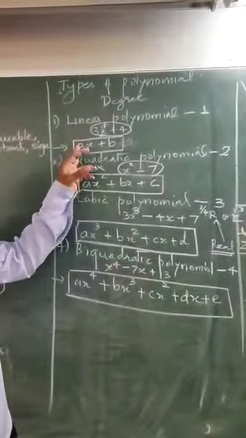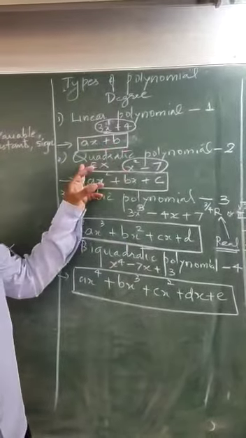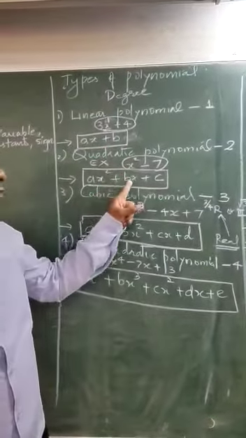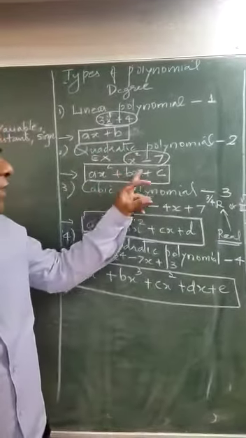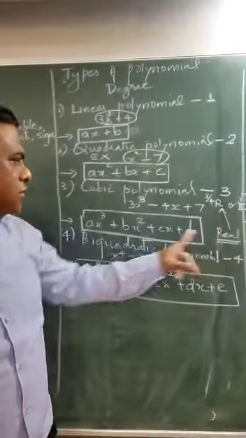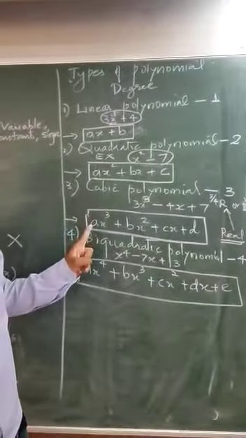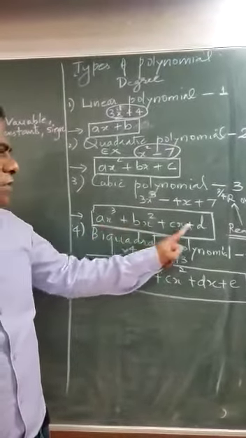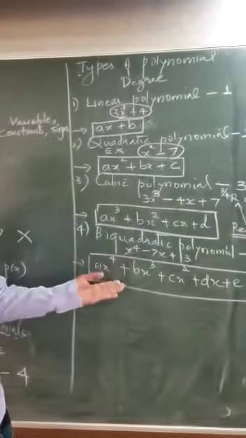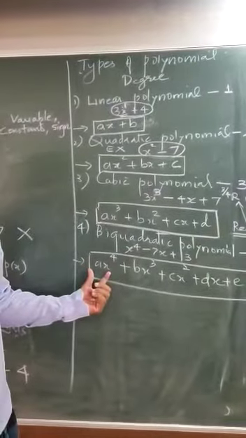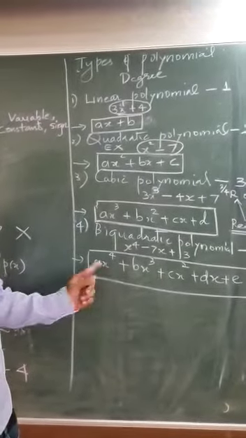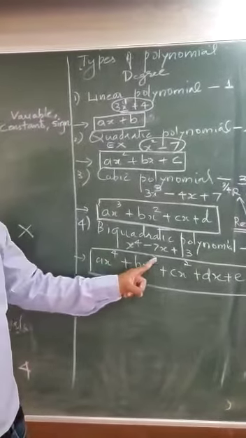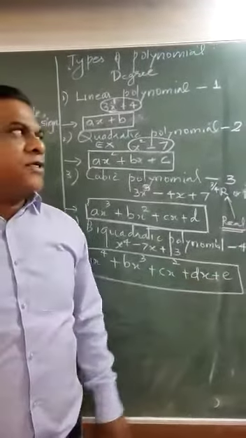Their standard forms are: linear, ax plus b; quadratic, ax square plus bx plus c, where a, b and c are all real numbers; and cubic, ax cube plus bx square plus cx plus d. And for biquadratic polynomial, the standard form is ax to the power 4 plus bx cube plus cx square plus dx plus e.